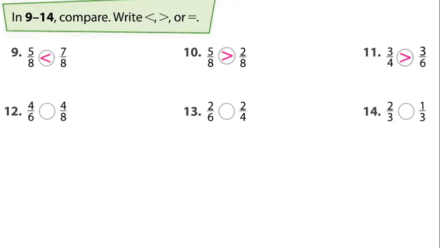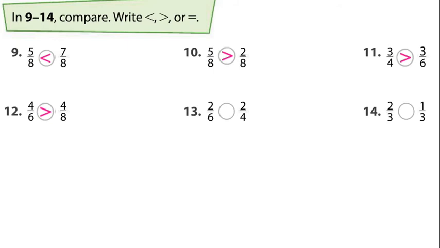Question 12. Is 4 over 6 less or greater than 4 over 8? 4 over 6 is greater because 6 is smaller than 8. Question 13.